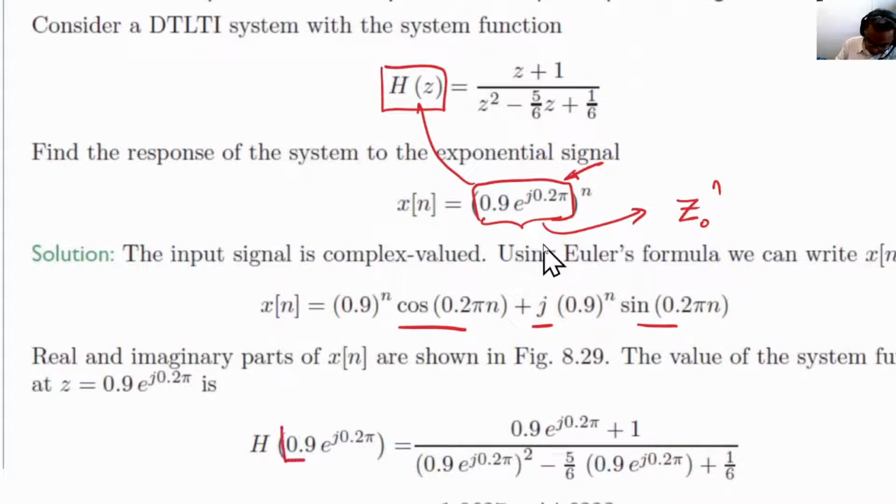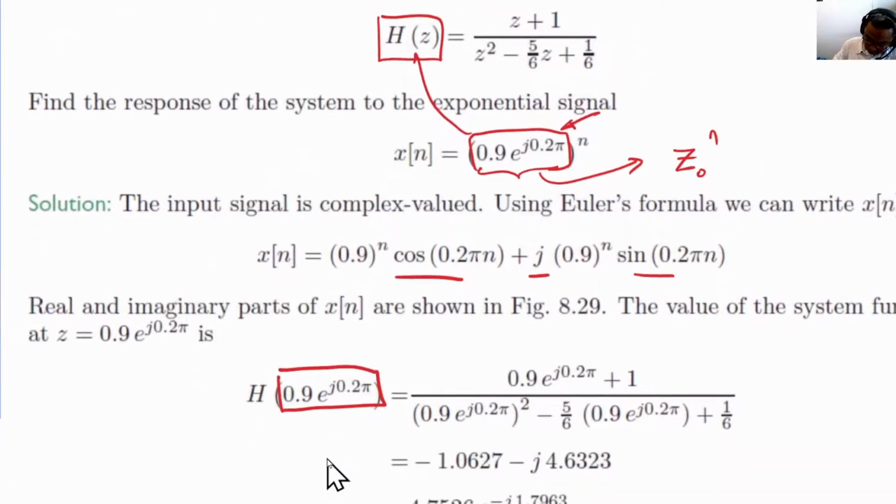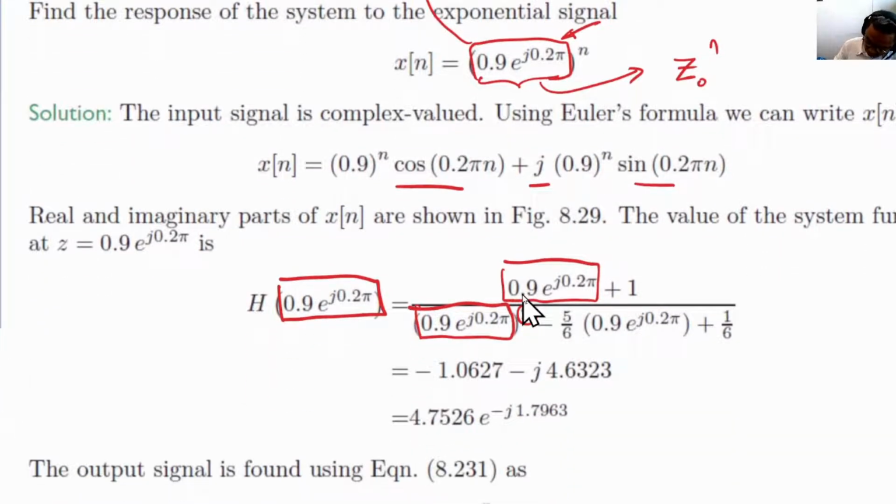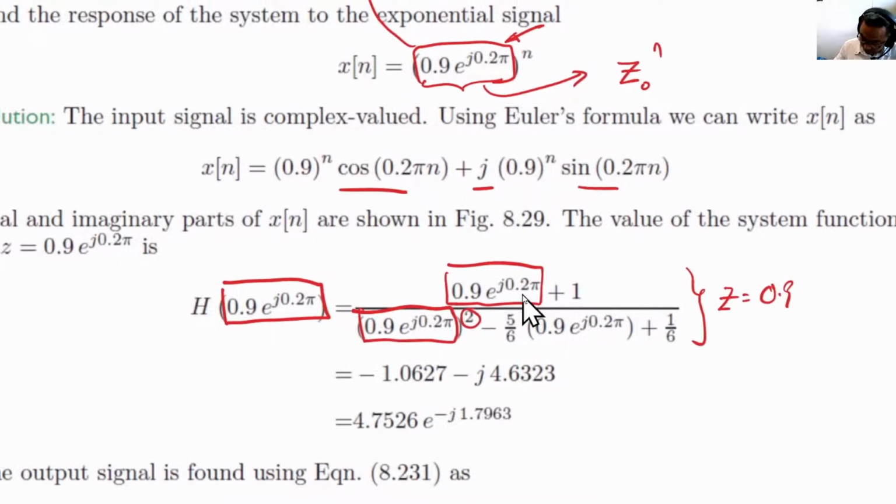So we substitute here at the bottom, and basically this is the z. So if you look at the equation on top, z squared, so this is z again to the power of two, and so on. So we are working with this transfer function with z equal to 0.9 e to the j 0.2 pi, and we get a complex number out.